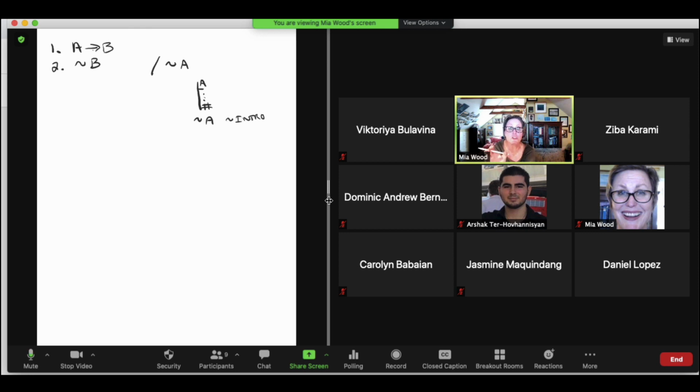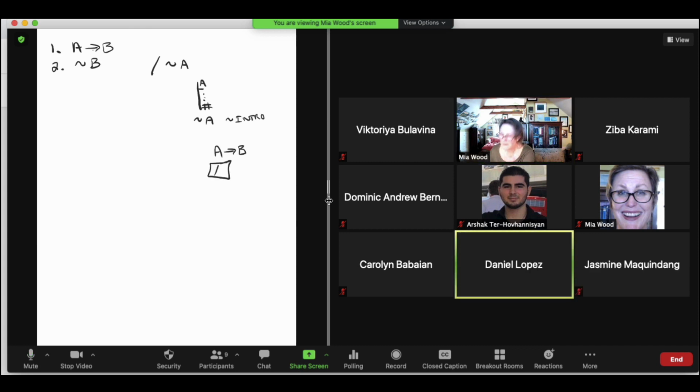When you're given a conditional, eliminate it, eliminate it, eliminate it. We know that the only way to eliminate a conditional is to have the antecedent. So I'm boxing up A because we don't have the antecedent, and we want it. We need the antecedent so that we can infer the consequent.